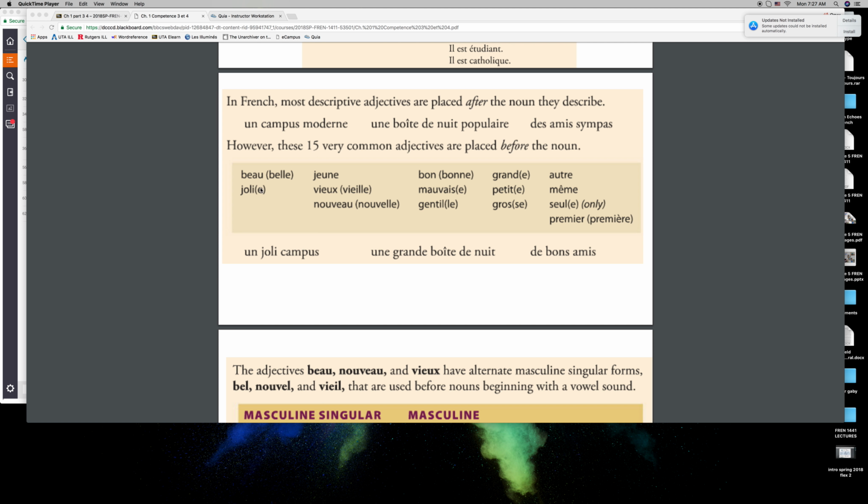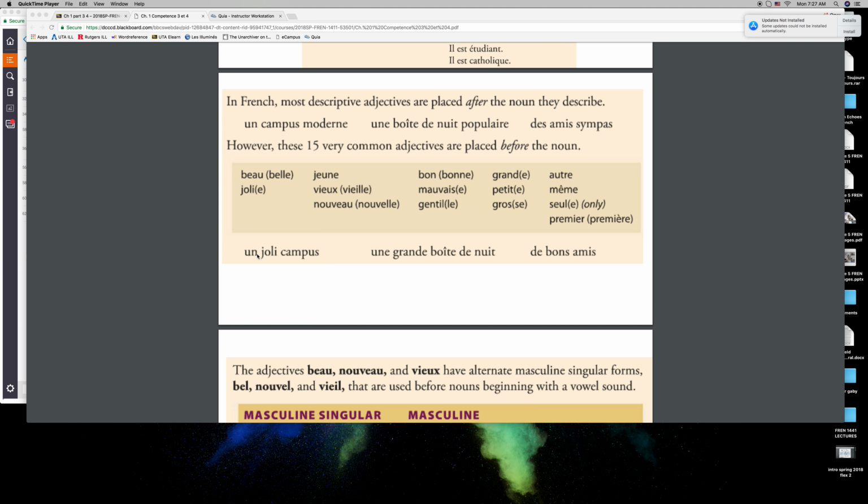Beau, belle, jolie, jeune, vieux, nouveau, bon, bonne, nouvelle, mauvais, mauvaise, gentil, gentille, grand, grande, petit, petite, gros, grosse, autre, même, seul, premier, première. So first, alone, only, right? Even, même, autre, other. Okay?